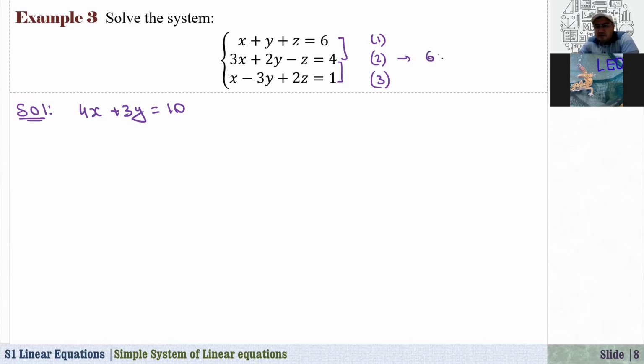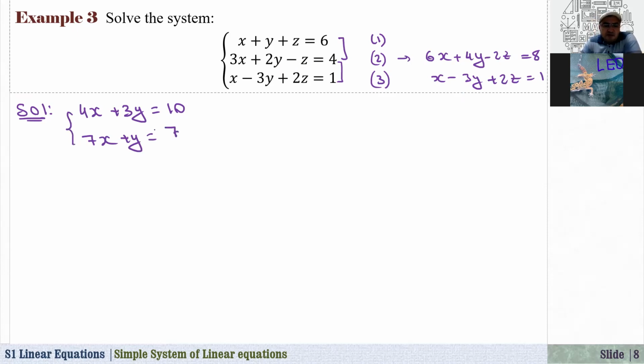At the time, here we have 6x plus 4y minus 2z is equal to 2 times 4, that's equal to 8. So now if I add this, here we have x minus 3y plus 2z is equal to 1. If you add them together, 6x plus x, that is 7x, 4y plus -3y, that is plus y, and -2z plus 2z, that's equal to 0, 8 plus 1, that's equal to 7.